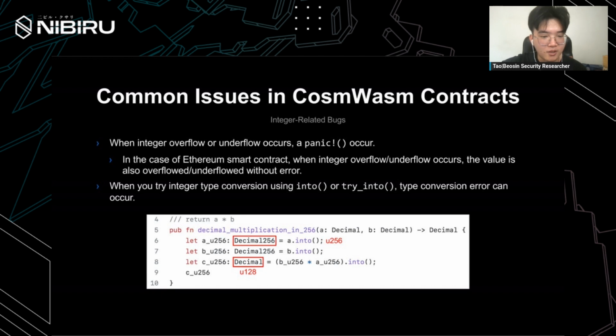In this example, we add two uint256 variables, and we use the c variable, which is an int128 type, so there will be a type conversion error and it might cause serious problems during the following calculation.